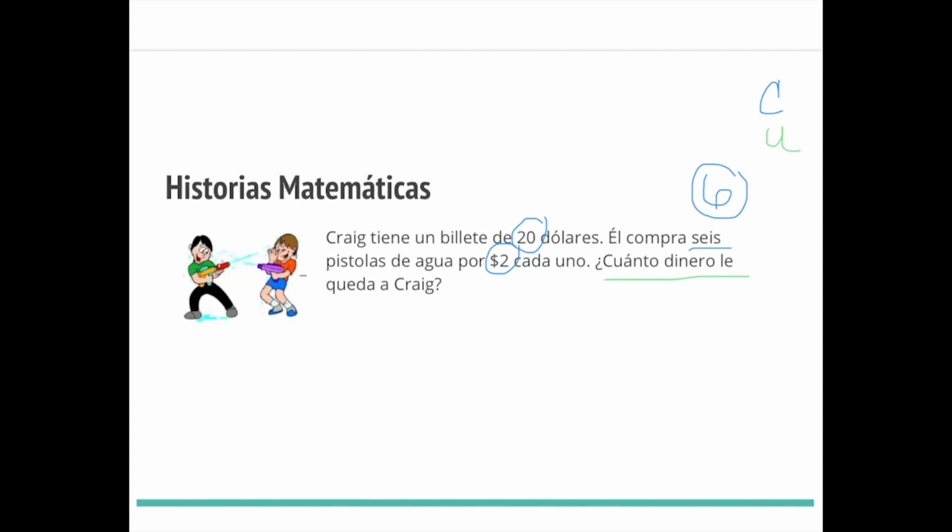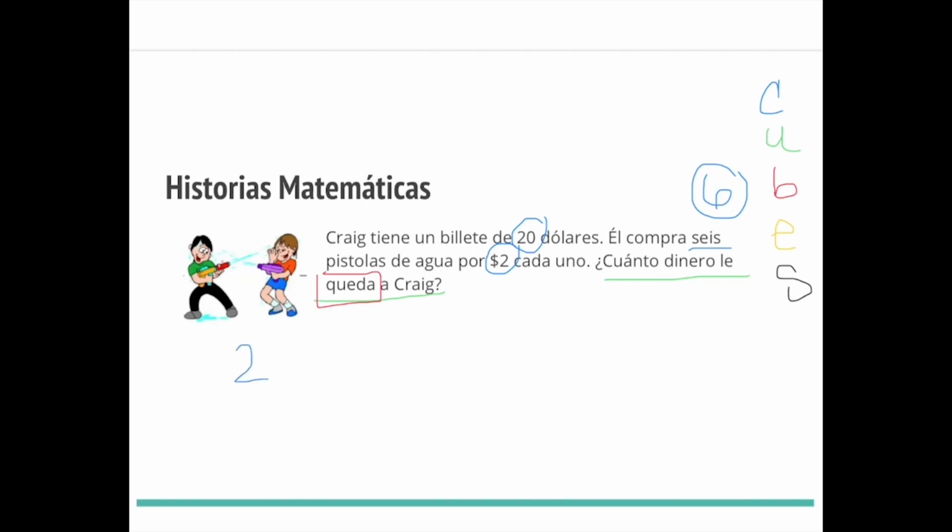U. Subraya la pregunta. ¿Cuánto dinero le queda a Craig? B. Caja a la palabra importante. Quiero saber cuánto dinero le queda. E. Eliminar información no necesaria. Y voy a pasar a S. Resolver.